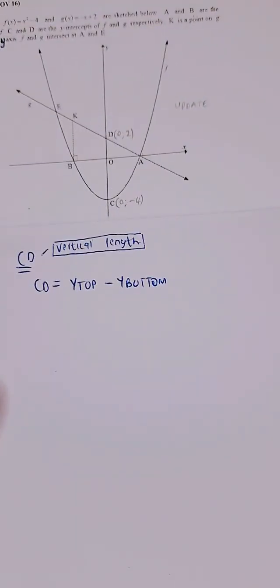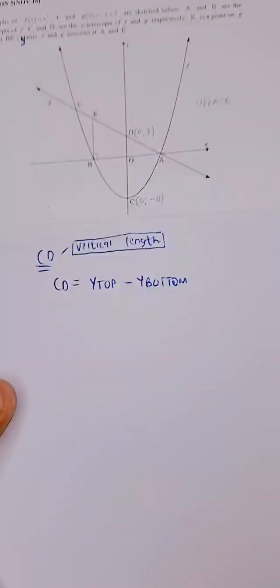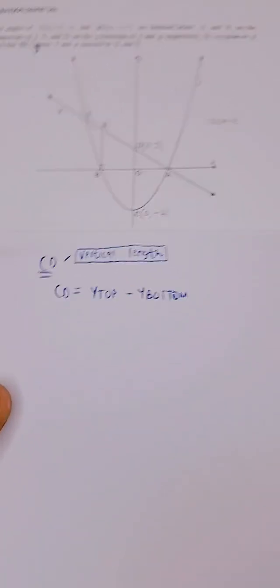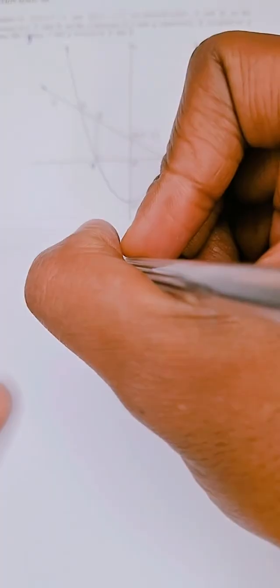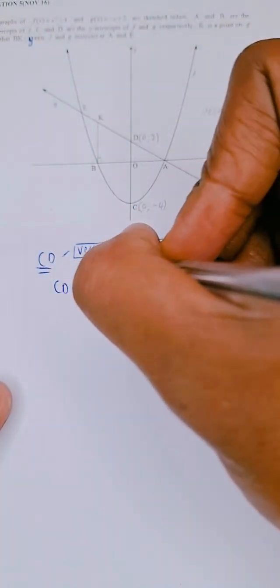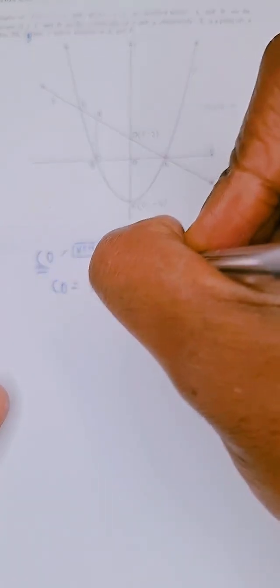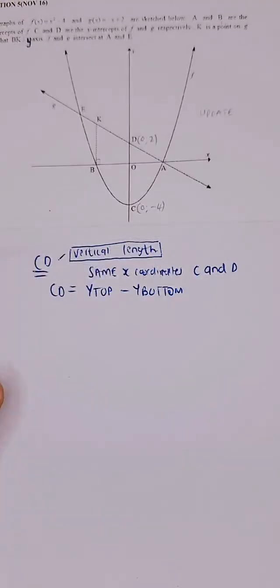To calculate the length of CD. We do this because we have the same x coordinates for both C and D. So all we do is calculate the difference between the y coordinates.